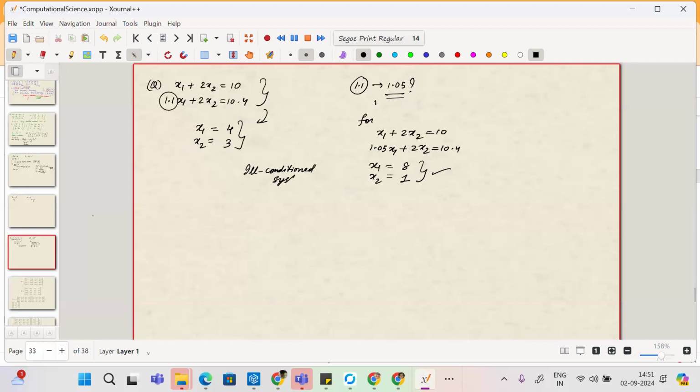Such systems behave like this if there is a small change in your coefficients.